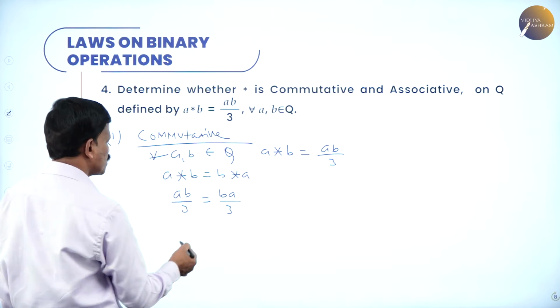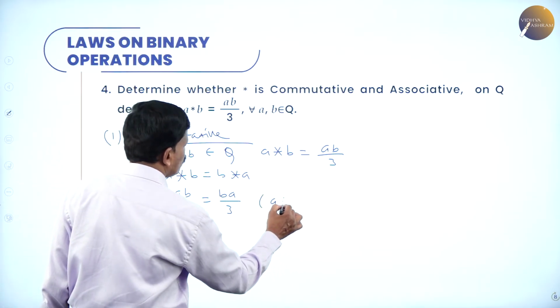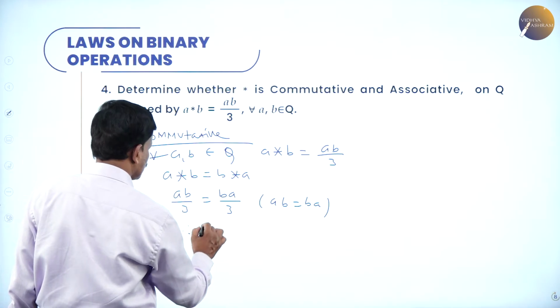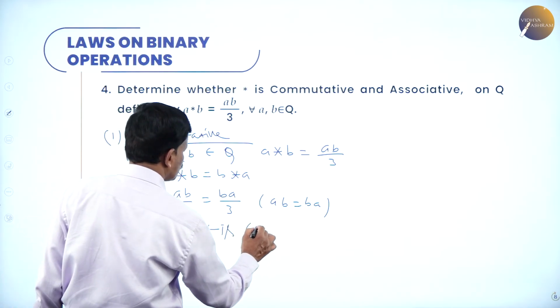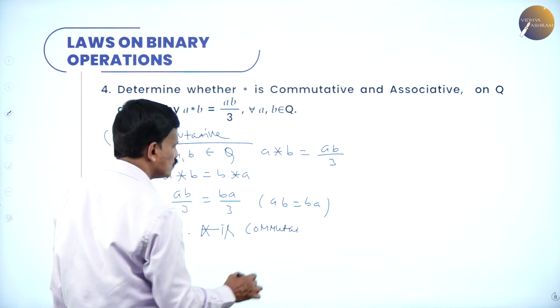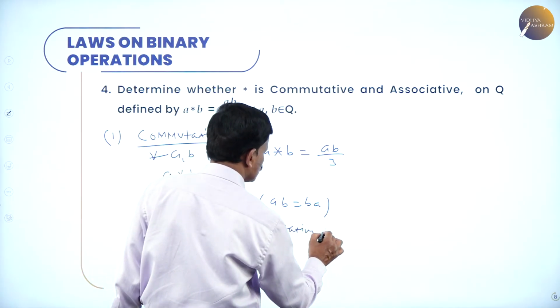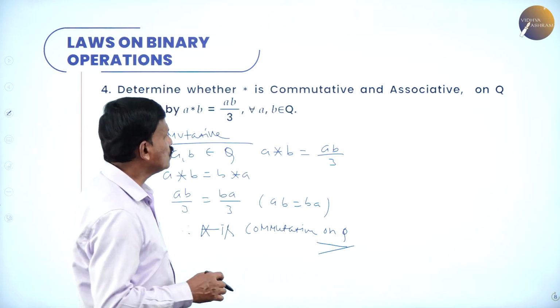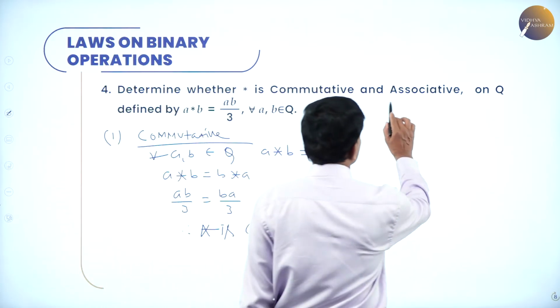Since multiplication is commutative, AB is equal to BA. Therefore, star is commutative. Now, let us verify the associative property.